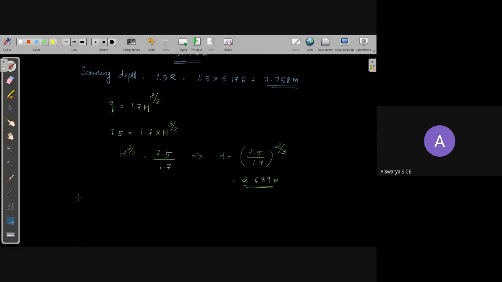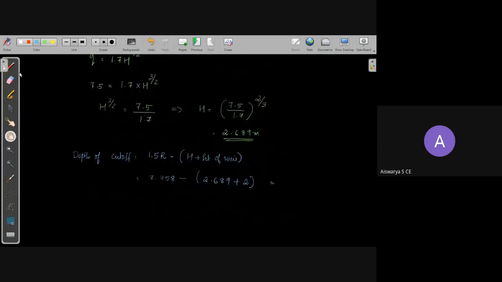So now you can get the depth of cutoff wall. Depth of cutoff equal to 1.5 R minus H plus height of weir. Height of weir is 2 meter. So 1.5 R is directly 7.758, minus H which is 2.689, plus height of the weir which is 2 meter.